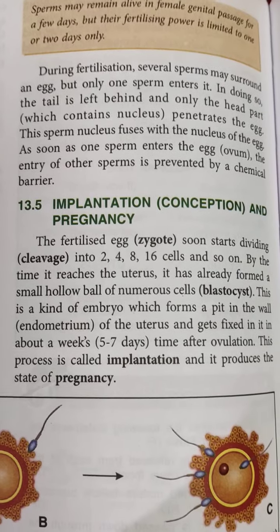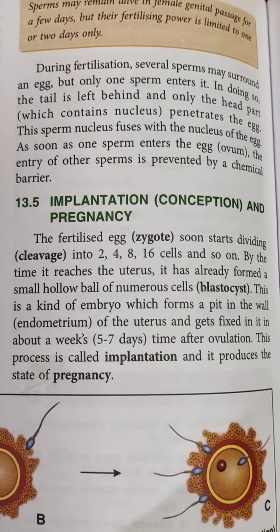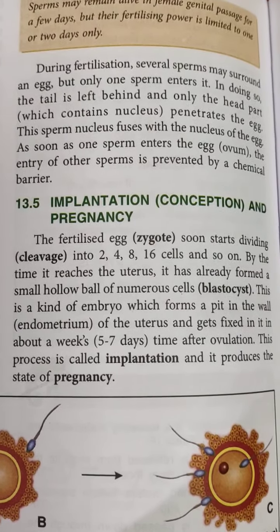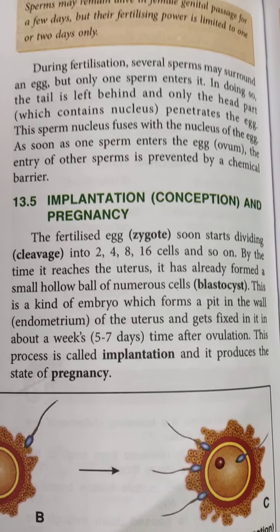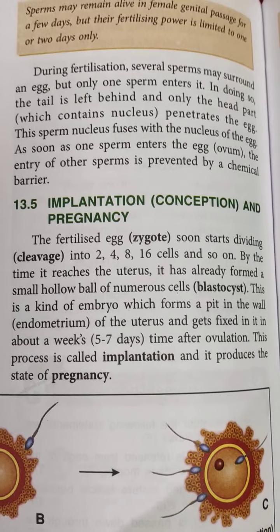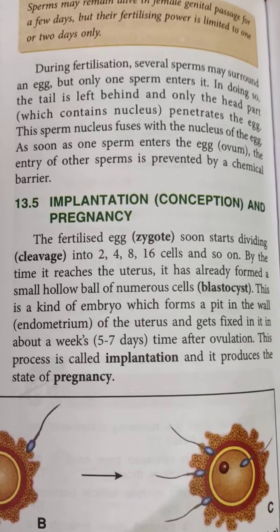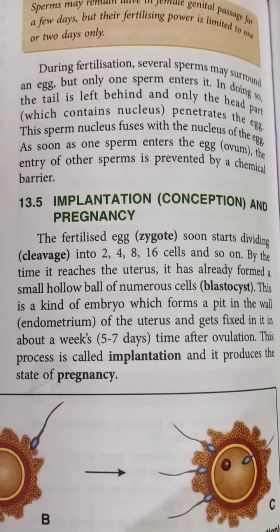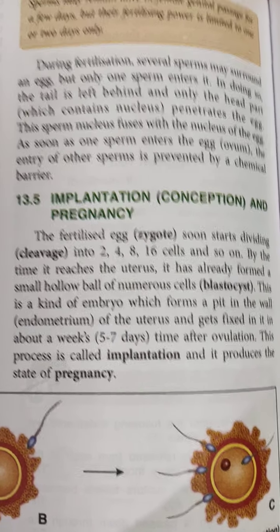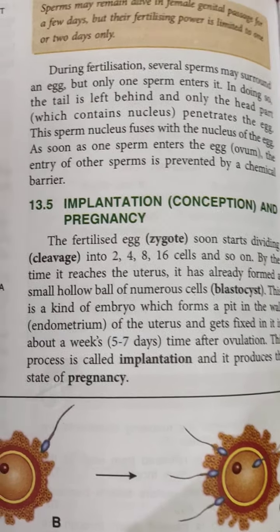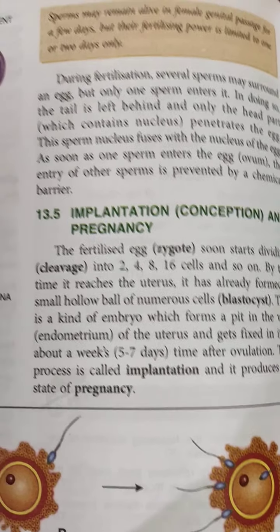This is a kind of embryo which forms a pit in the wall of the uterus, which we call as endometrium, and gets fixed in it in about a week's, that is about 5 to 7 days time after ovulation. This process is called implantation and it produces the state of pregnancy.